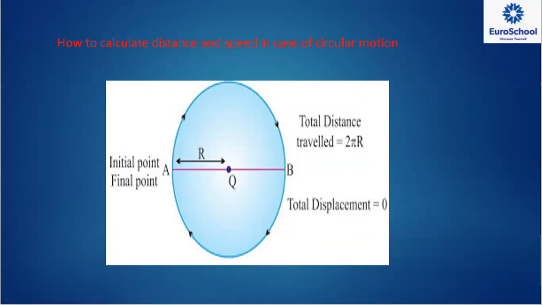When any object starts from a point and reaches the same point again, the displacement of that body is definitely zero. So when an object moves in uniform circular motion, total displacement will always be zero, and the distance traveled is calculated by the formula of the circumference of the circle, 2 pi r, where r is the radius of the circle.